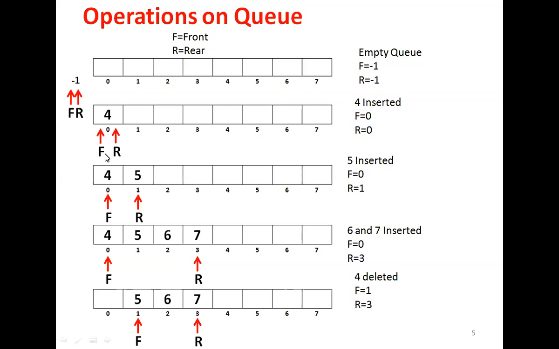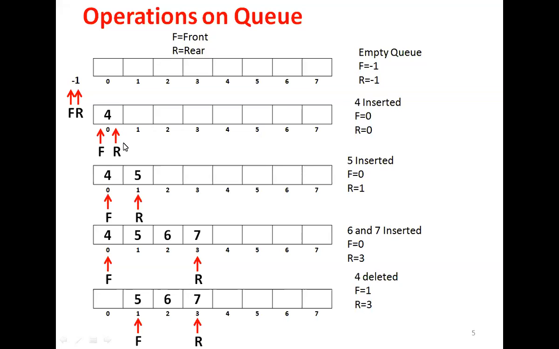So front should also point to this first element whenever we are inserting the first data item. So first we incremented this r value, then we inserted 4 here. And after that we increment this front value by 1, and front is also pointing to the 0 index. 0 index means the first element it is pointing to.